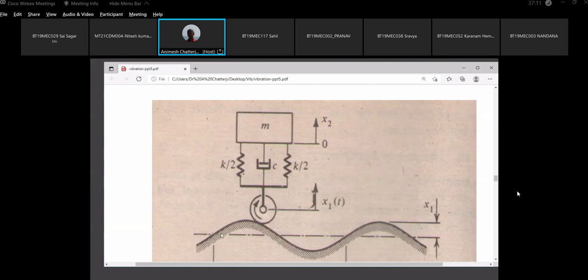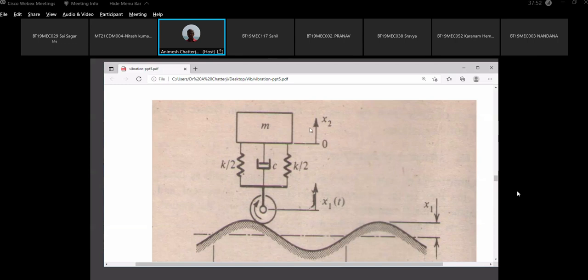So if a vehicle is moving on an uneven road, then the wheel goes up and down. So here the disturbance is coming in the form of a varying displacement. Now this varying displacement at the bottom is transmitted to the body of the vehicle. So this body of the vehicle will also go up and down. So output motion is x2, input disturbance motion is x1. Here x1 is cause, x2 is result.